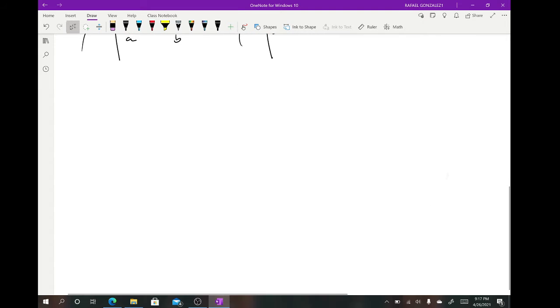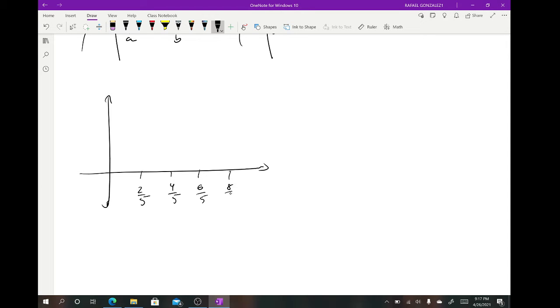So before beginning, let me just draw a quick picture, and we'll talk a little bit about this picture. We'll find the area of it using a specific figure. Let me just draw this. So we have the following figure, and these intervals are 2 over 5, 4 over 5, 6 over 5, 8 over 5, and 10 over 5.